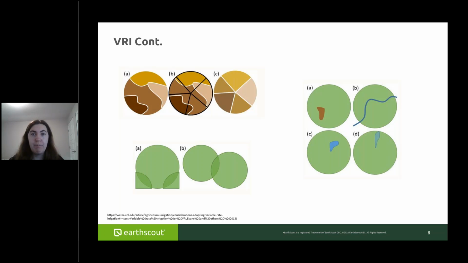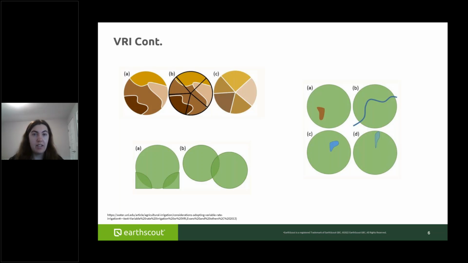We definitely don't need to be putting water back into there with the pivot. And then circle D shows maybe a low spot or a wet spot in the field that we might want to pass over quickly or not apply as much water, because water tends to sit there for long periods of time. And again, all these scenarios are just showing how VRI can help growers use their water more efficiently.